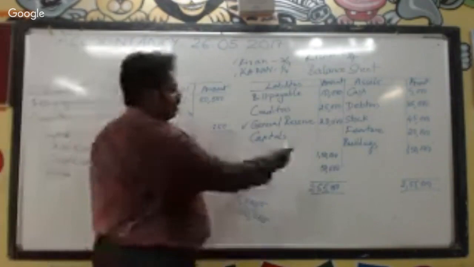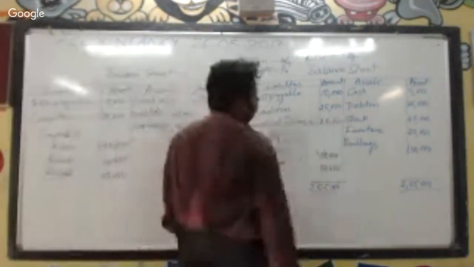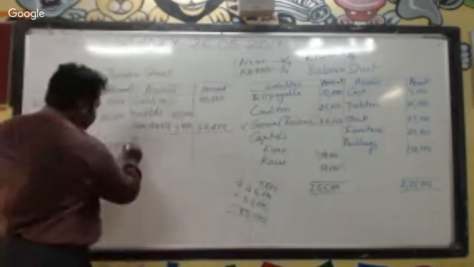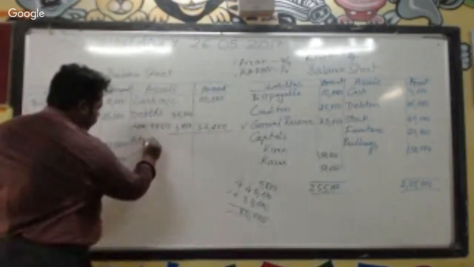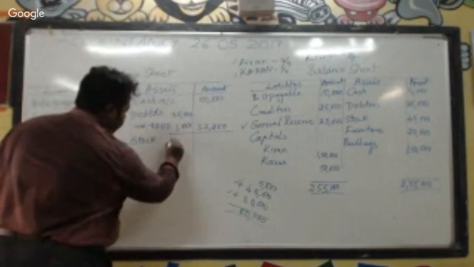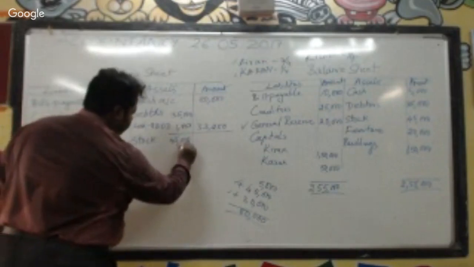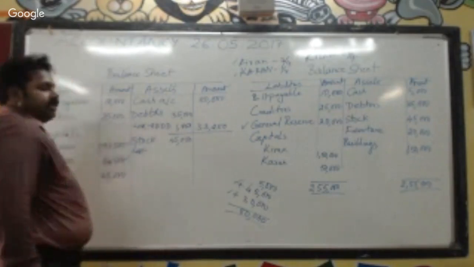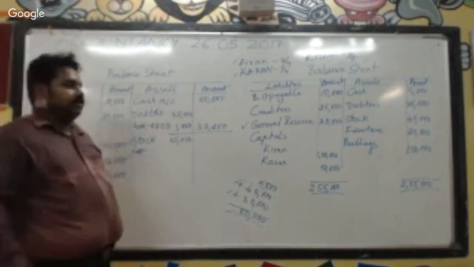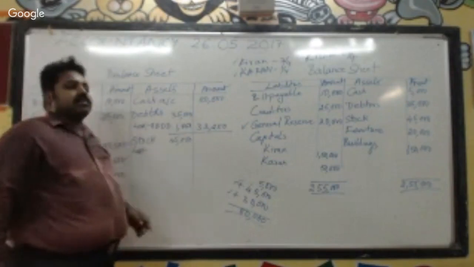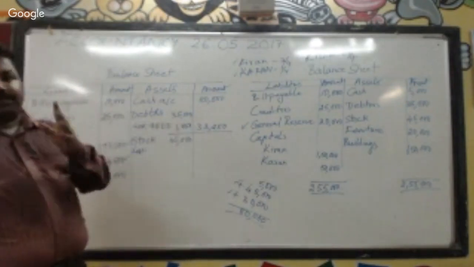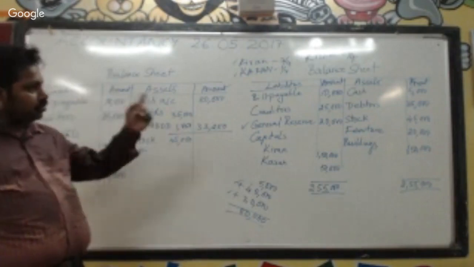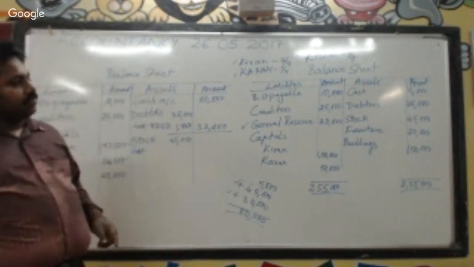Next item, stock. He has given 45,000 stock. In the question yesterday, if you recollect, stock and furniture are to be reduced by 10%. We have written it in the revaluation account also: to stock 10%, that is 4,500.